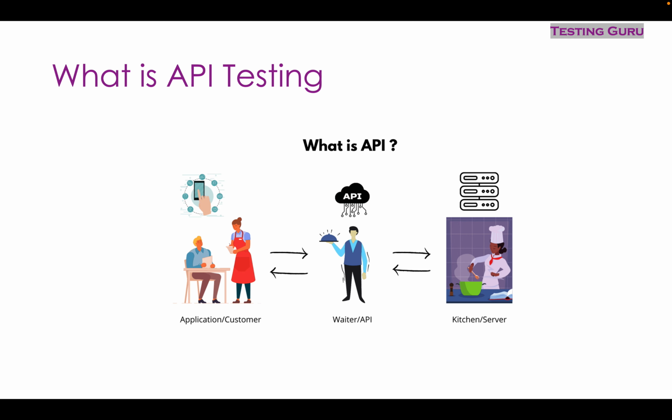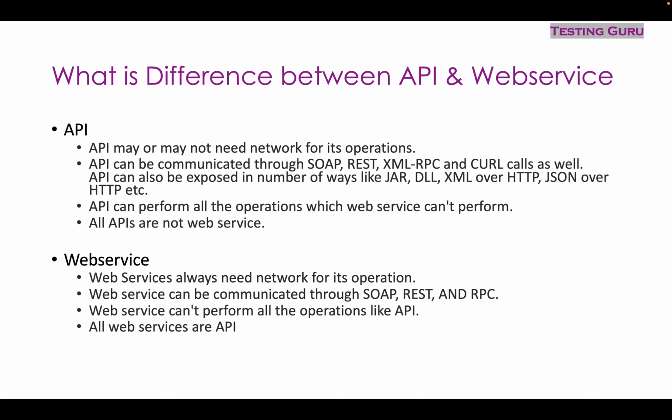Next, we'll see what the difference is between an API and a web service. An API may or may not need a network for its operations, but a web service always needs a network for its operation.